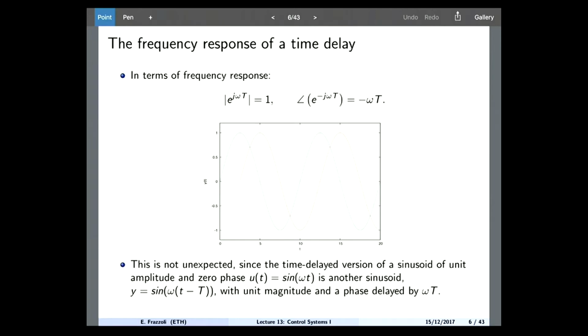This is the real part, and this is the imaginary part, right? So then the phase of rho e^{j phi} will be given by the arc tangent of rho sine phi over rho cosine phi, right?